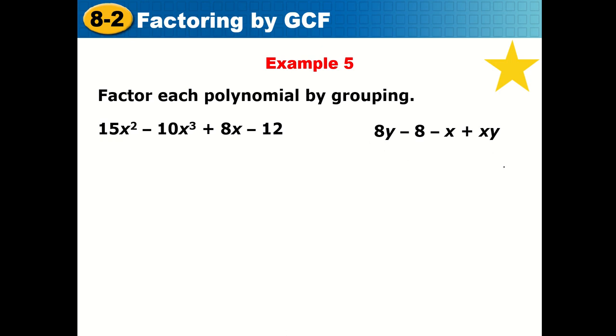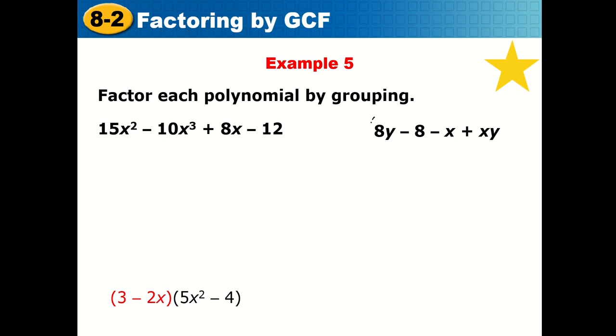There's 2 different types of variables in here. I'll walk you through this one. But hopefully this one was pretty straightforward from what we did. And you should have got the answers of 3 minus 2x times 5x squared minus 4. Okay? Let me know if you didn't, I can walk you through that one.